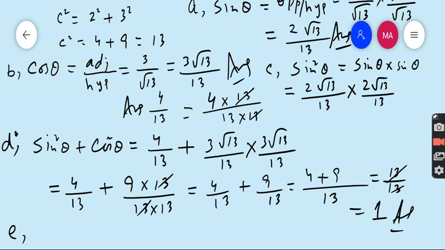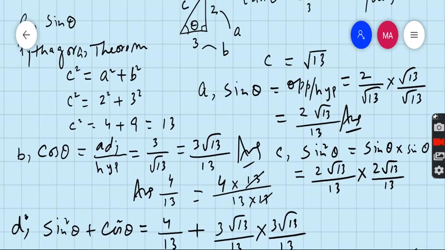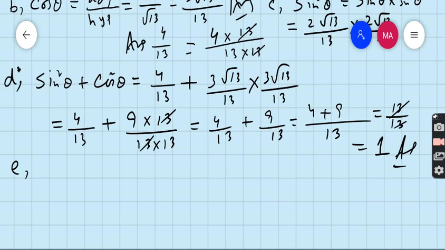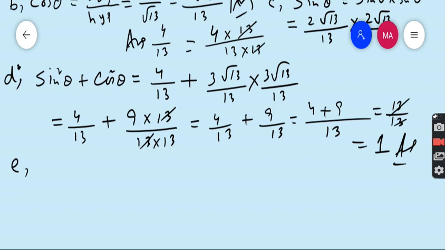What is part E? 2 plus sine theta upon 3 minus cos theta.